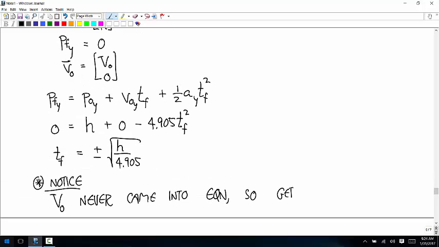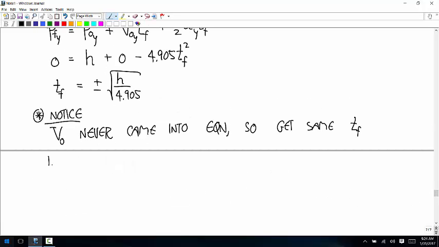So you'd get the same time, you'd get the same TF if the initial velocity vector was 0, 0. Okay, and that's sort of hard to wrap your head around for most people, but let's watch a video that shows that it works that way.